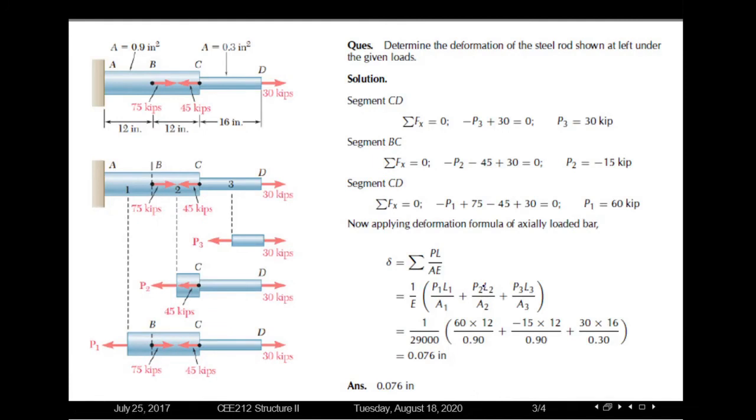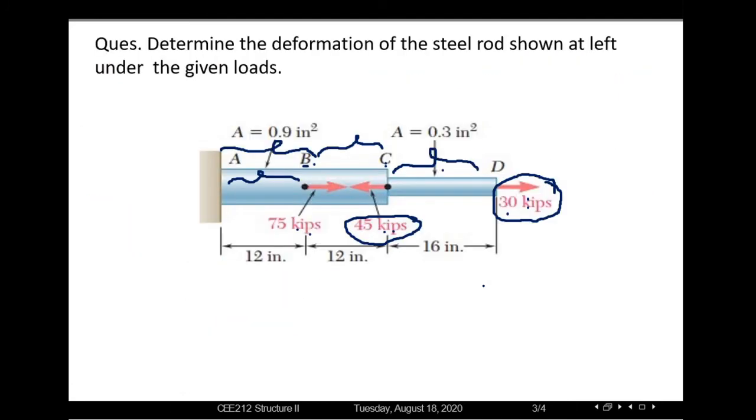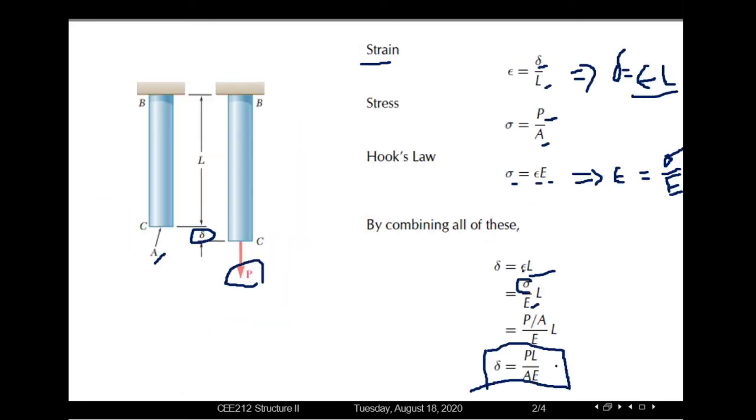Now from our previous slide we had already seen that deformation is simply equal to the net load or net force P, times the initial length or the length of the segment L, divided by the cross-sectional area times the modulus of elasticity. So we have already calculated the net forces for each of the segments.